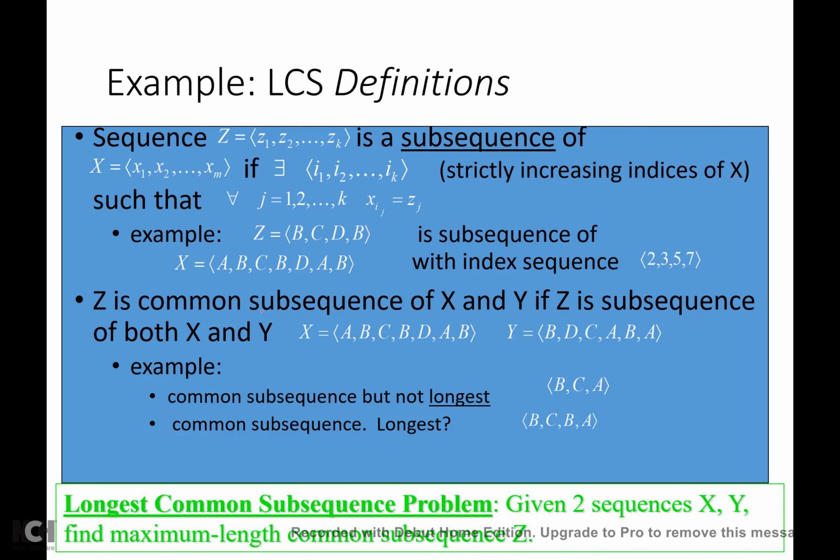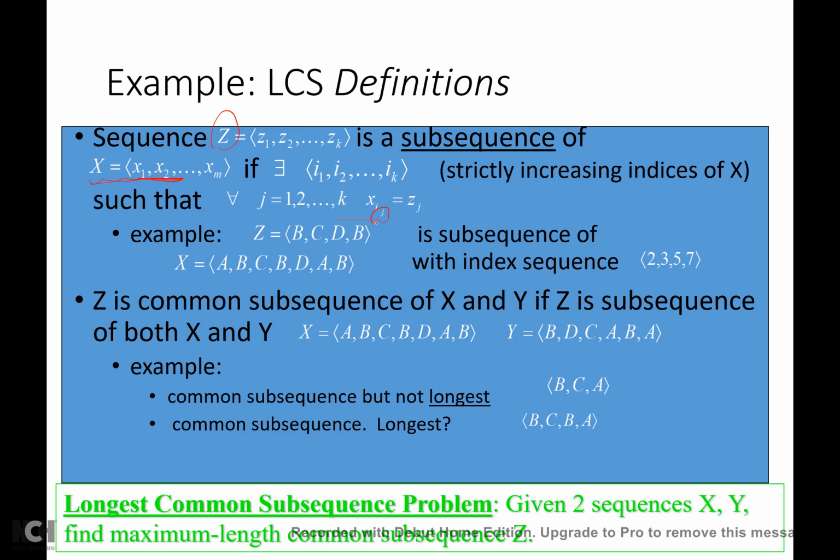Let's formulate this as a computational problem. A sequence Z, Z1, Z2, ..., Zk, is a subsequence of X, X1, X2, ..., Xm, if there exist indices i1, i2, ..., ik such that for any j, X_ij equals Zj. This means if we are given a sequence X, all elements of the subsequence Z came from X, and they are in the same order.